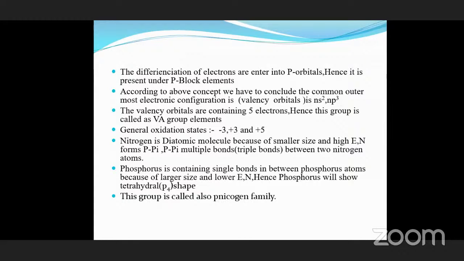In the common outermost electronic configuration there is 2 plus 3, which means 5. The s orbital contains 2 electrons and the p orbital contains 3 electrons. By adding 2 plus 3, it is 5. That's why the 15th group elements are also called fifth group elements. This is about the common configuration.